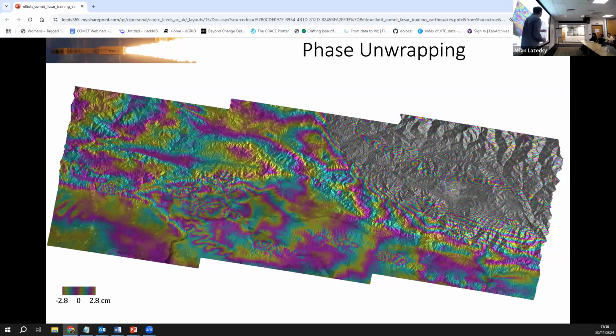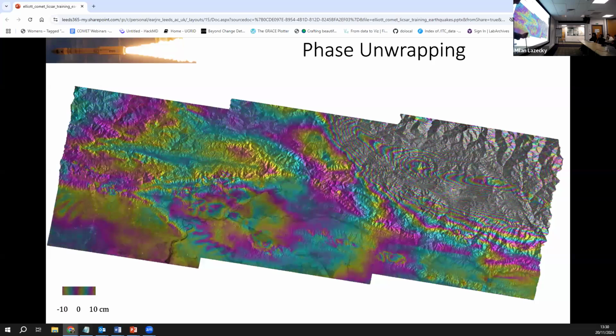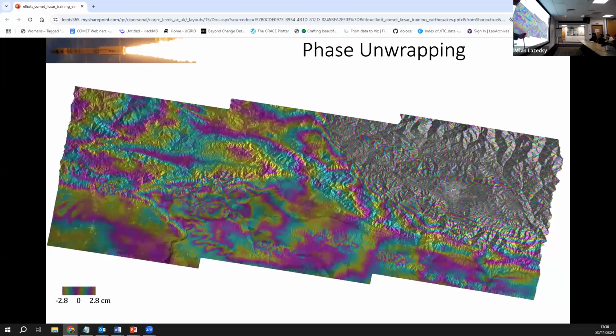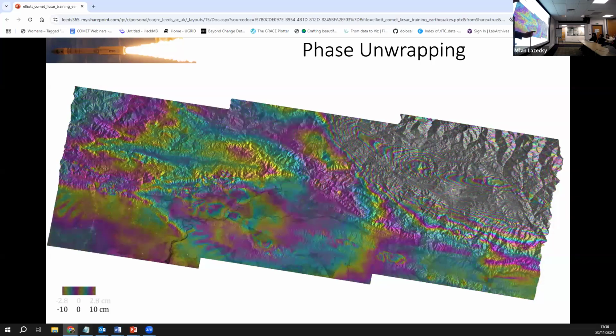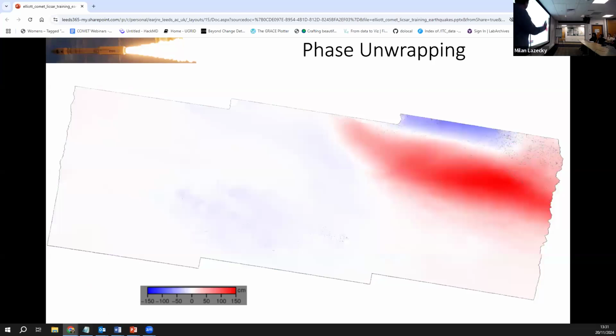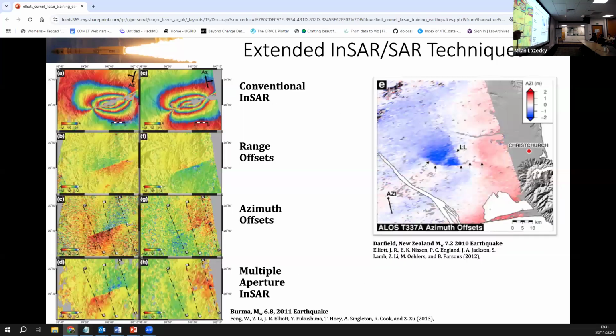So this has been geocoded and then unwrapped, and you can change the contour intervals. This is now 10 centimeters instead of an arbitrary wavelength, 2.8, something a bit more interpretable, or you do the full unwrapping to get the full displacement from 0 to 1.5 or 2 meters of displacement. This was the Gorkha earthquake that happened near Kathmandu, 2015.